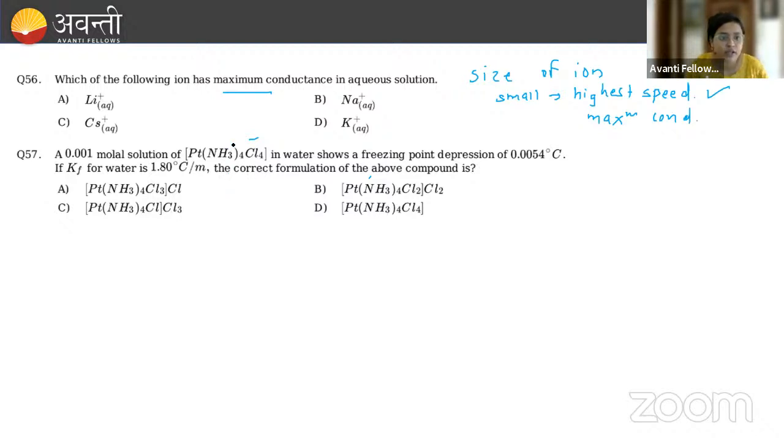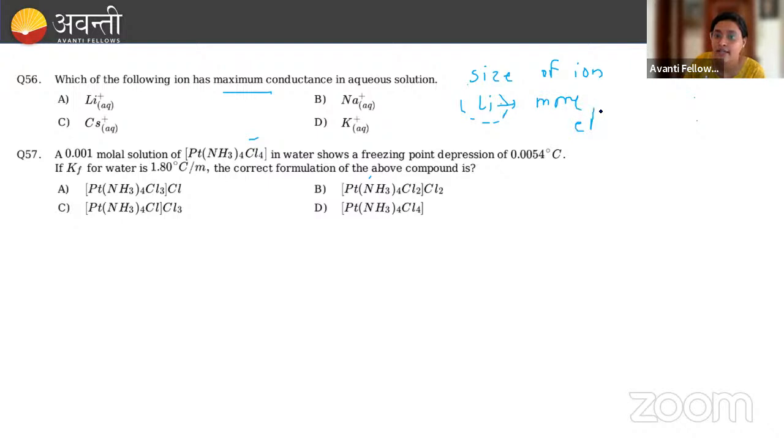Okay, here, sorry, I have explained wrong. Lithium has the smallest size, but what will happen here is that most of the water molecules will surround this ion, and that's why its effective size will become more.